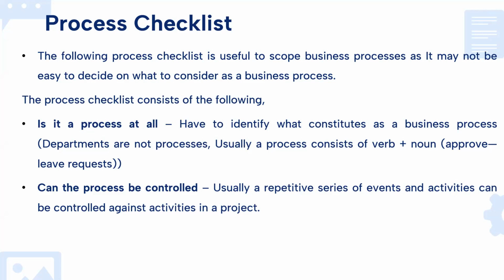But processes and operations are repetitive activities done again and again. So we have a standard and we know how to do it, so we can control those things. So we have to identify, can the process be controlled? A project we cannot control, but processes we can control.